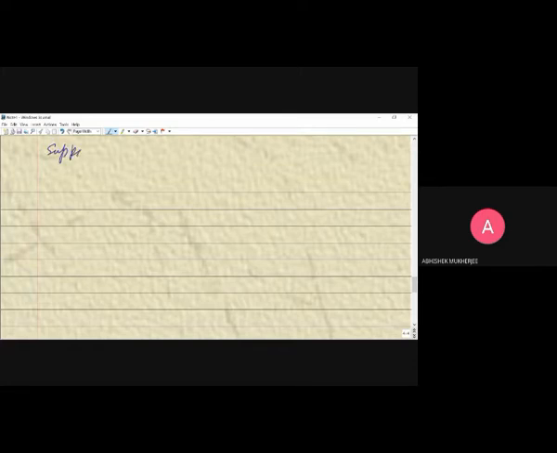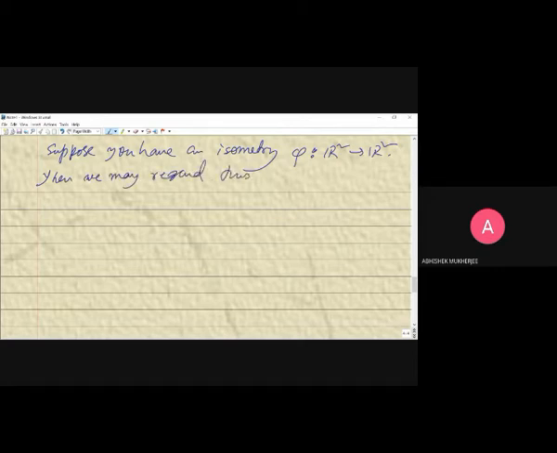Suppose you have an isometry phi from R2 to R2, then we may regard this as a map phi from the complex plane to the complex plane which preserves the distance.